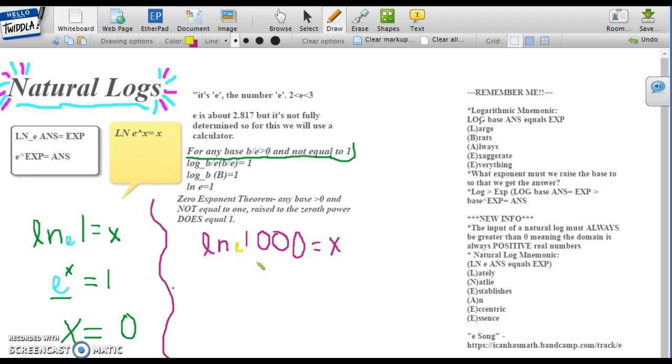okay, so now we can attempt to do another number, another natural log of a number higher than 1. For now, we'll use 1,000.